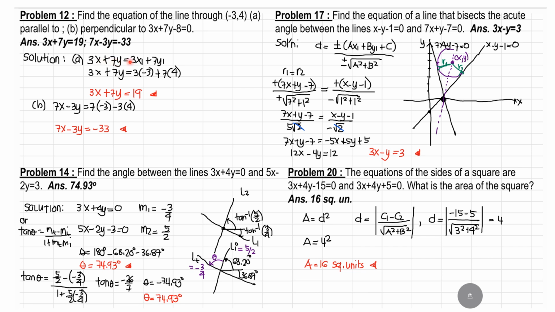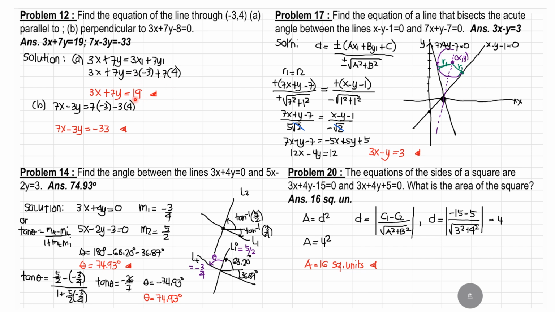That's why we equate it to 3x1 plus 7y1, where x1 and y1 are the coordinates of the point the line passes through. So 3x plus 7y equals 3 times negative 3 plus 7 times 4. So the answer is 3x plus 7y equals negative 9 plus 28, which is 19.